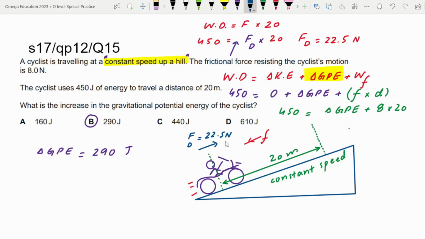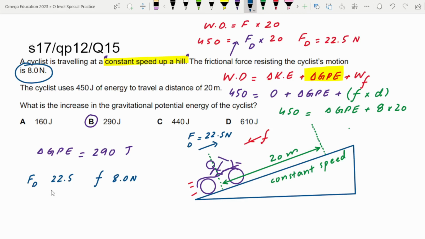The forward force is 22 and a half Newton, but the frictional force is merely 8.0 Newton. And if the cyclist has to move with a constant speed, then the forward and the backward forces should be equal. So why does the cyclist need to apply a force more than the frictional force? What is the need for the cyclist to apply the extra force?